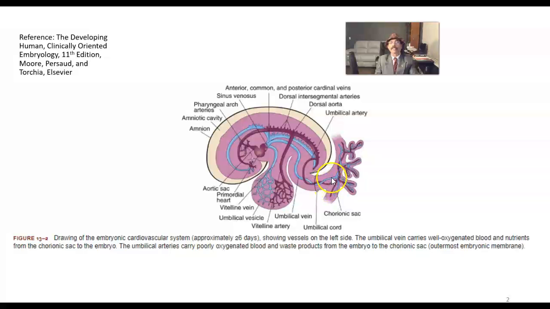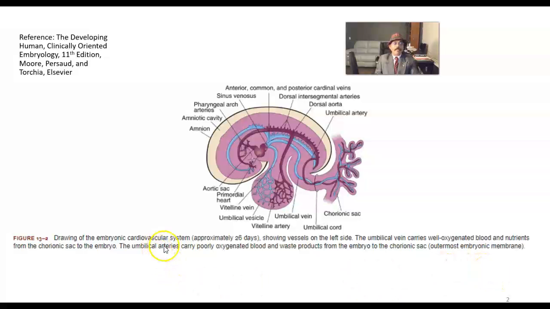This is the umbilical vein, and this is the umbilical artery. The umbilical vein is shown in blue and the red is the umbilical artery in a 26-day embryo. This is the left side.